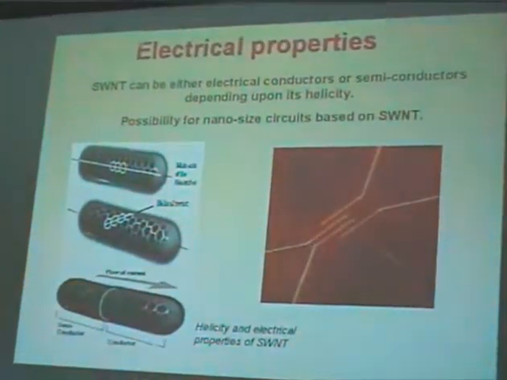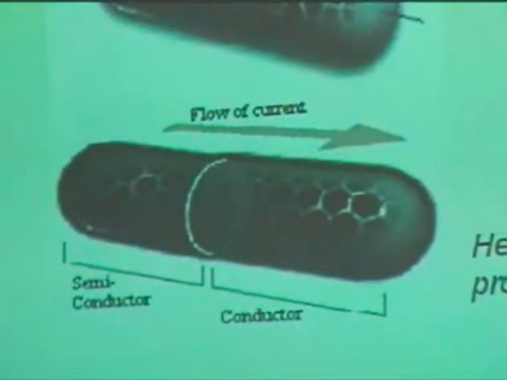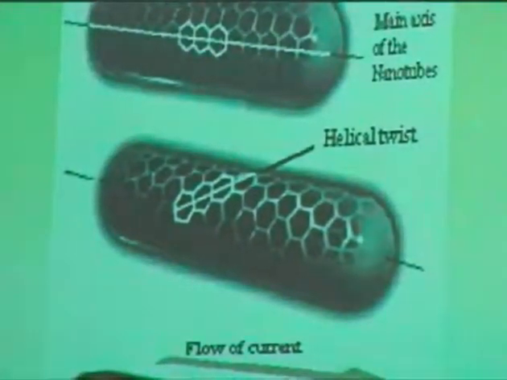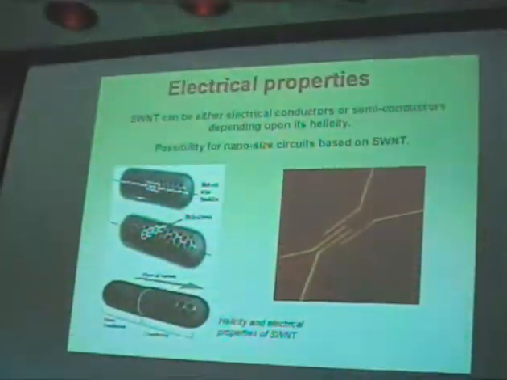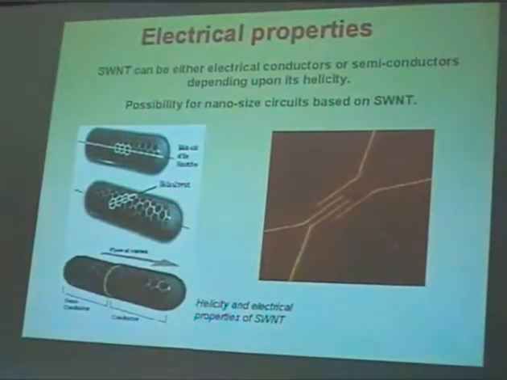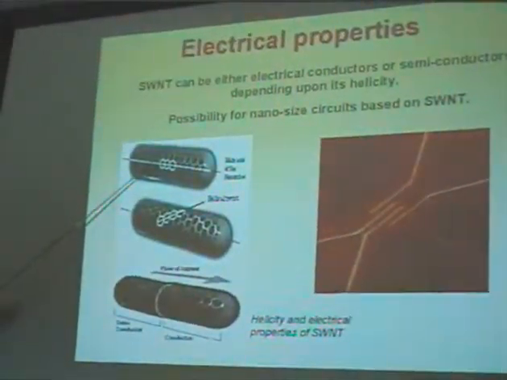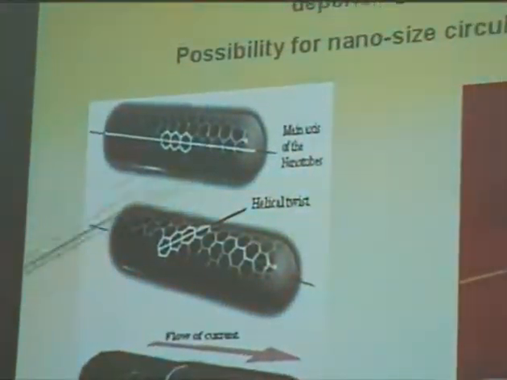Very interesting. Last week, IBM made a big splash with the production of nanocircuits by selectively removing the metallic nanotubes and leaving the semiconducting nanotubes to form the first nanotransistor. As I said before, depending on the helicity of the tube, you can have something that is metallic or semiconducting.